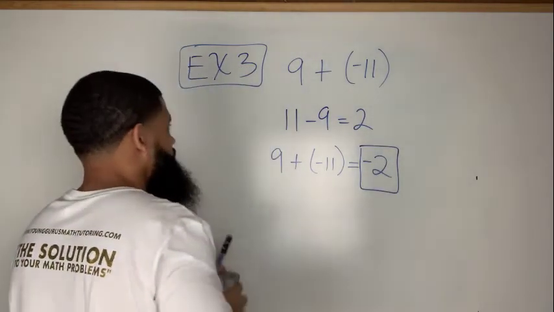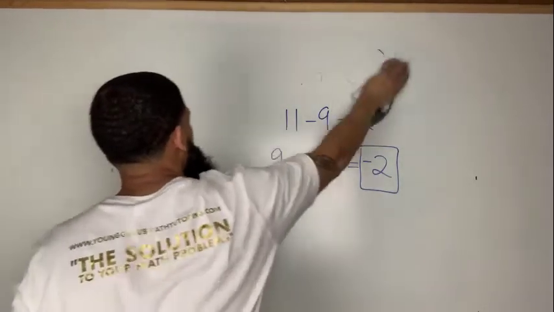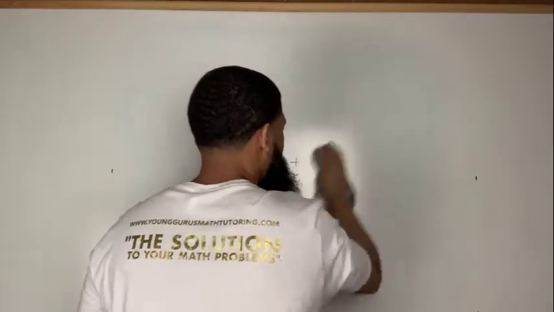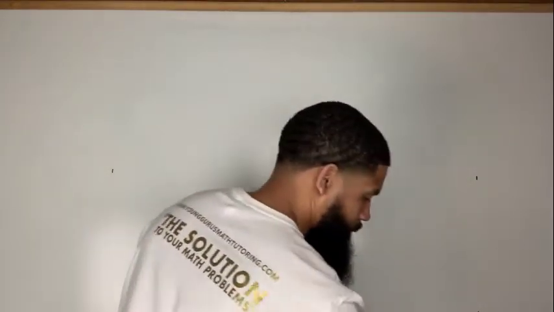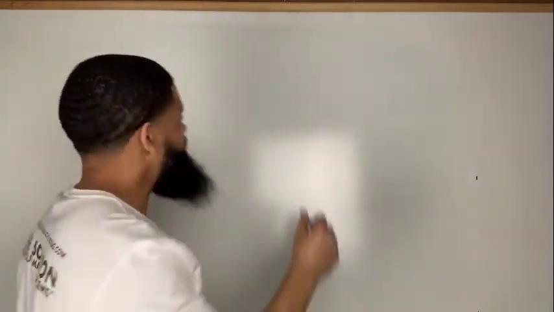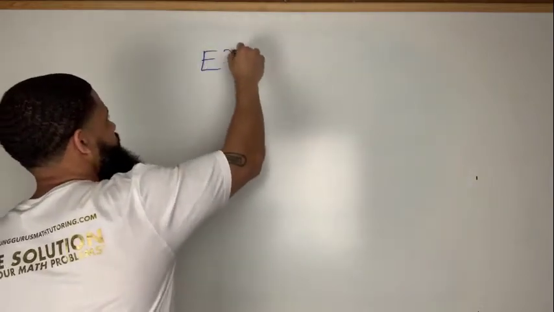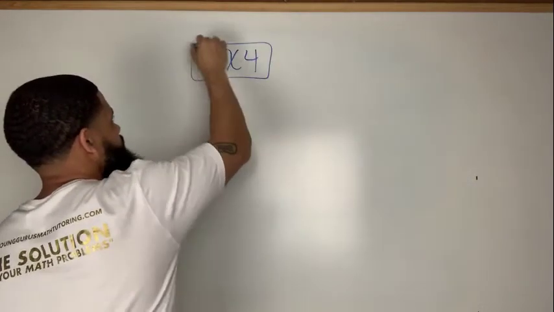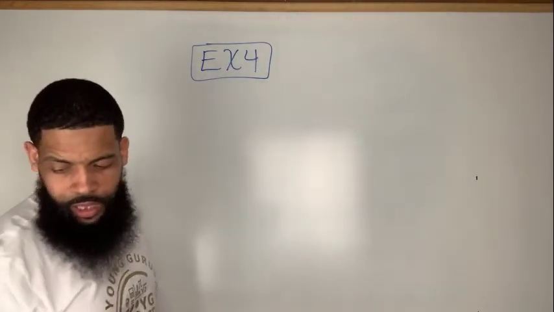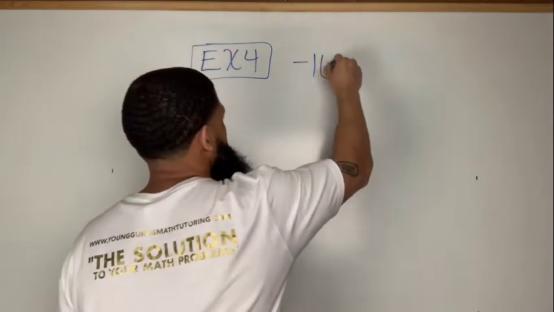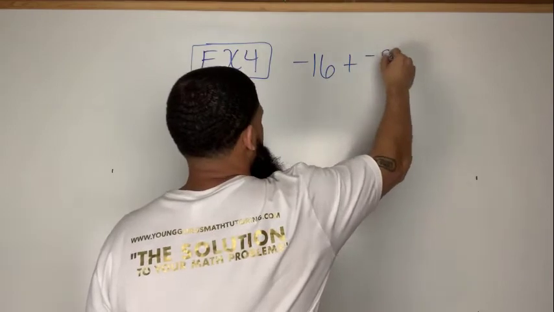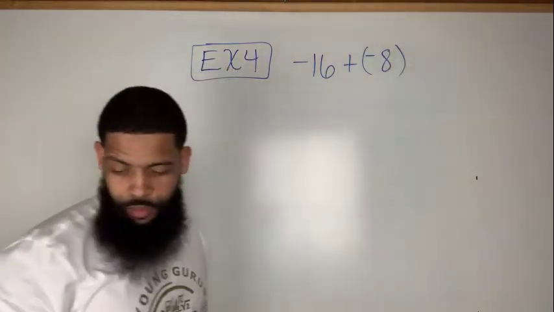All right, and let's do one more example. I hope this is helping somebody out there. All right, let's say I have negative 16 plus negative 8. All right, and this is another way you can see it. It might look like that.